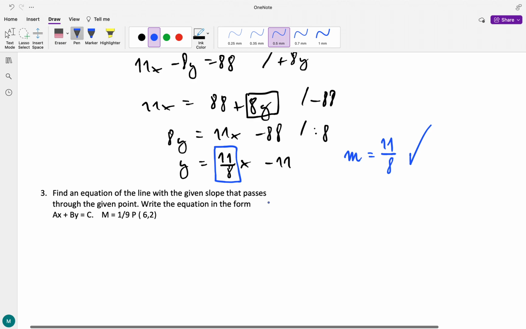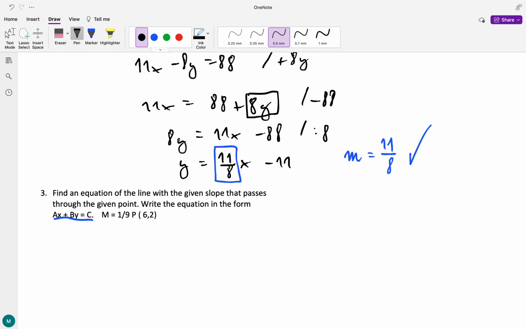Third question, also somewhat annoying because once again, we'll be working with the standard form of a line, but in a slightly different form, because in this question, we have to find an equation of the line with the given slope that passes through the given point. And then we have to write the equation in the form of ax plus by equal to c.